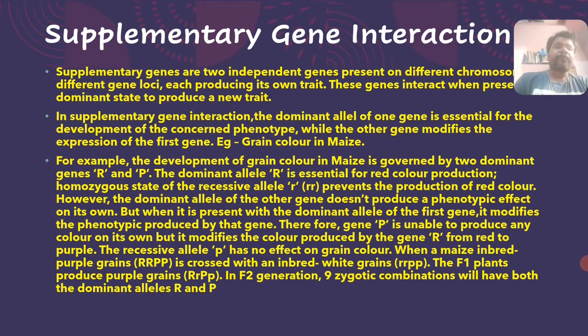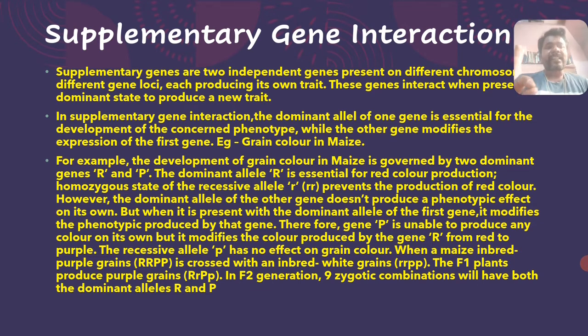The grain color of this maize is governed by two dominant genes, capital R and capital P, which govern the dominant character. The dominant allele capital R is essential for red color production.